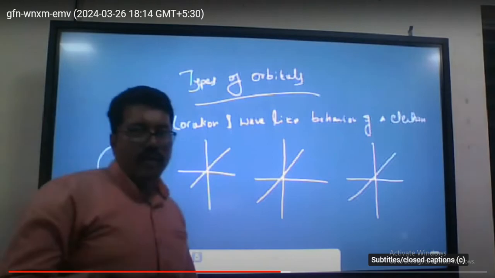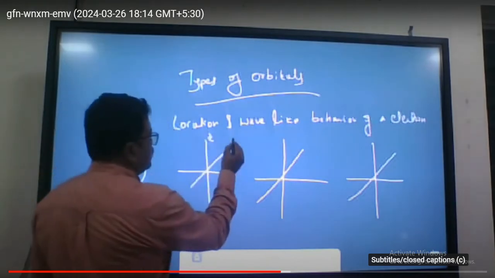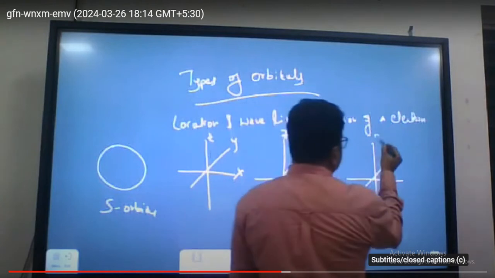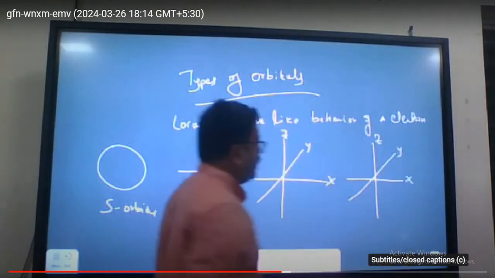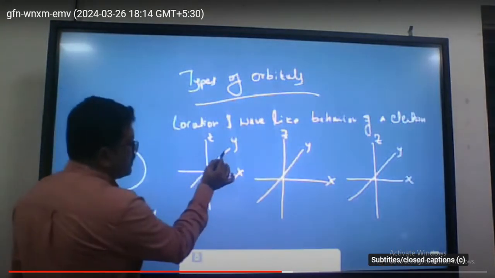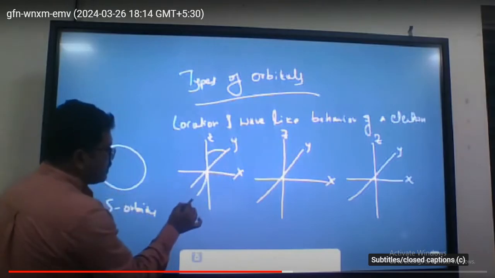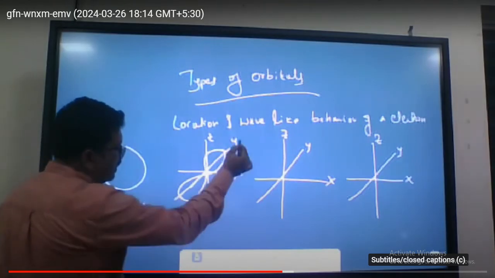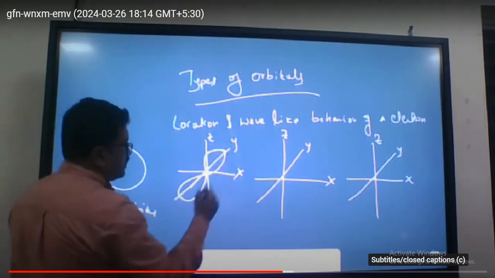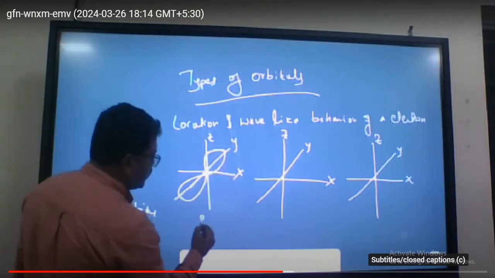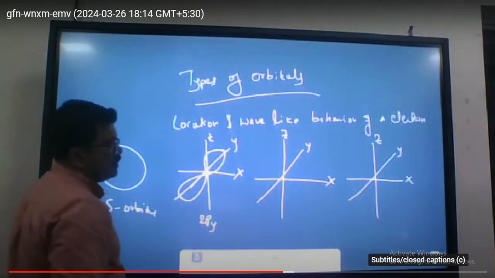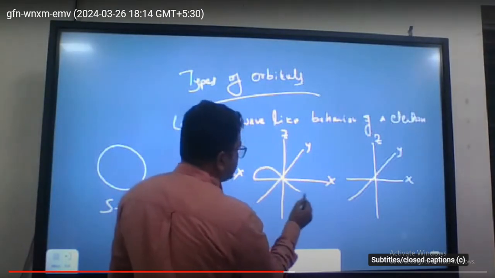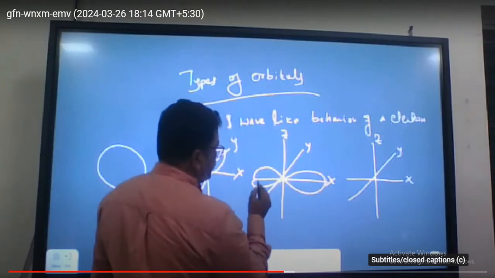Okay? Another finding of electron: this Z, this Y, this X axis. If the electron revolves around this shape, since this is the Y axis, this is 2py. If the electron is found in this region, this is the shape.